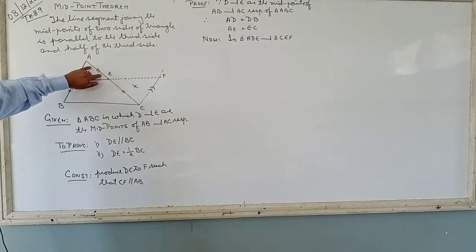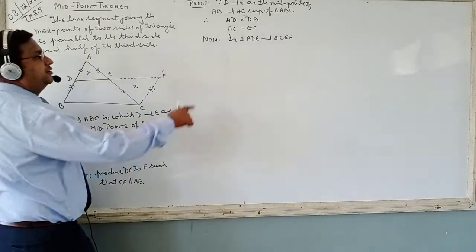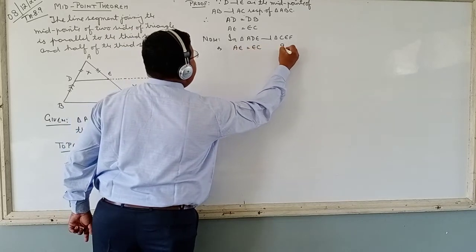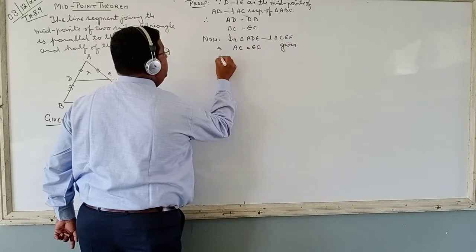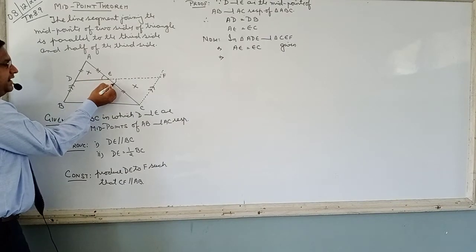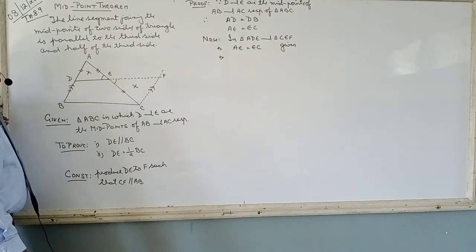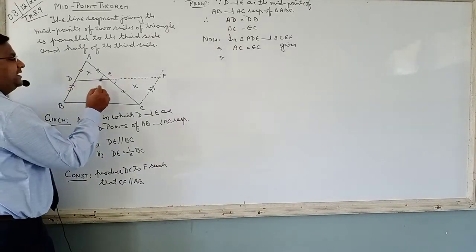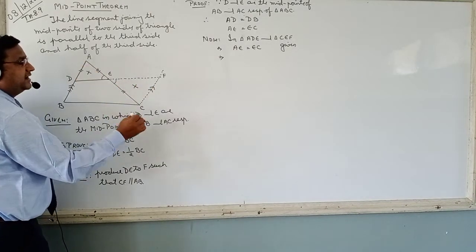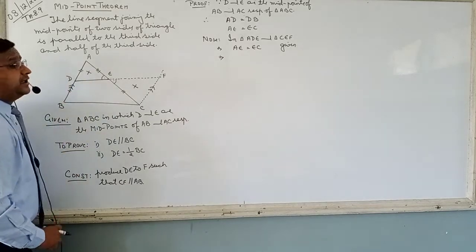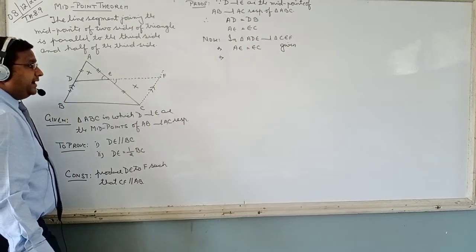Can you see AE equal to EC given to us? Can you see this angle equal to this angle? Reason, vertically opposite angles, theorem number 6.1 of your class 9 textbook. If two lines intersect each other, DF is a line, AC is a line, then the vertically opposite angles formed are equal. We had proved it.